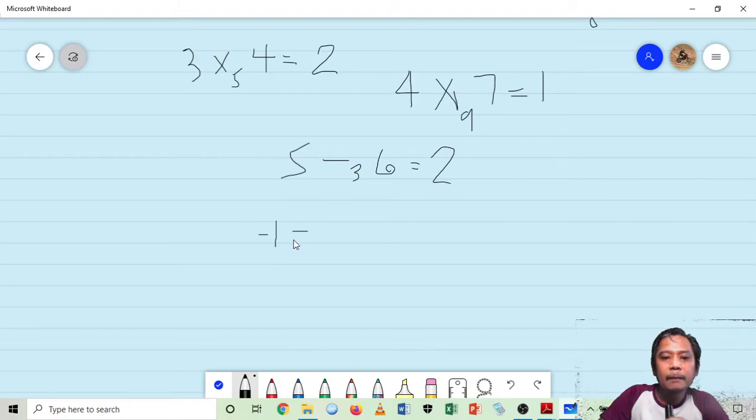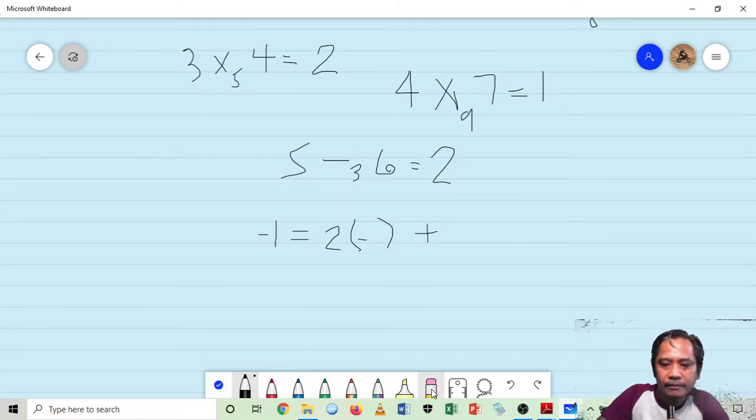But if we divide negative 1 by 3, so that the remainder is not negative, the modulo here is 3.